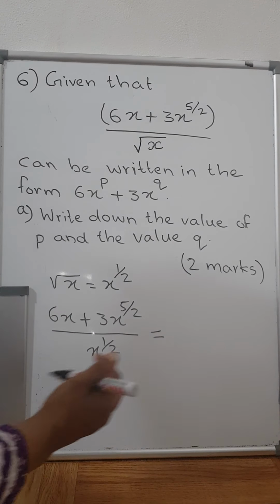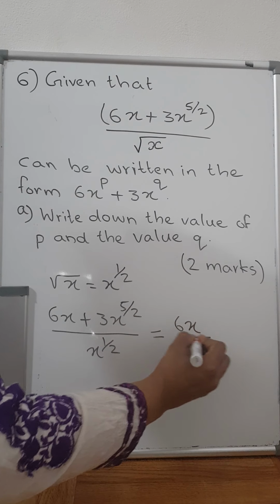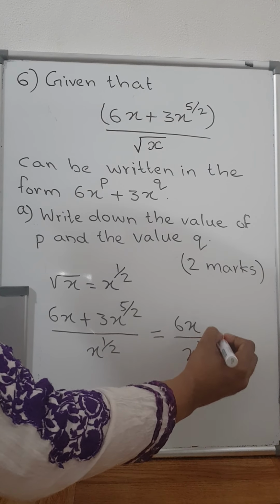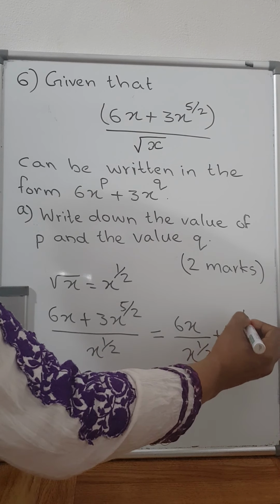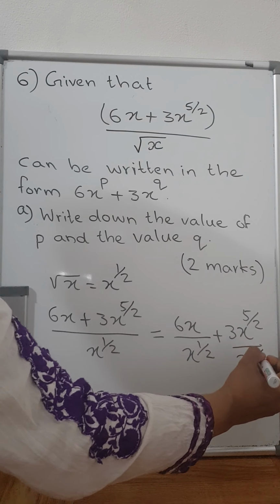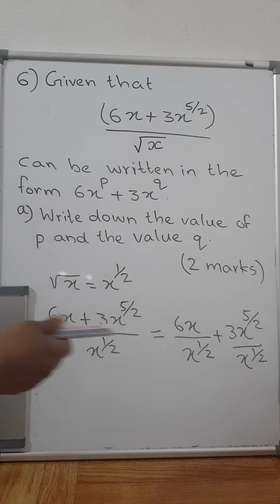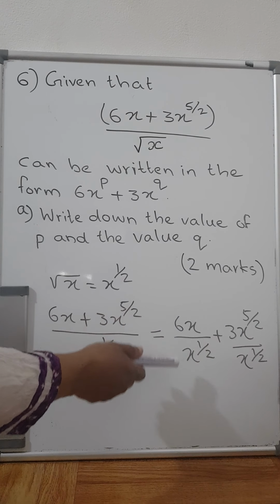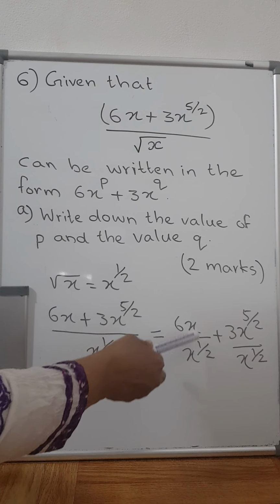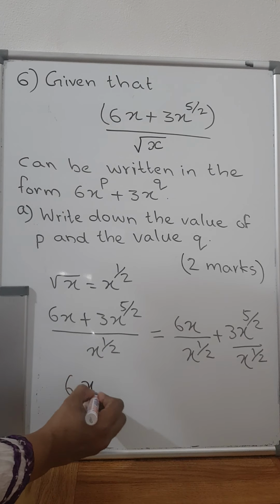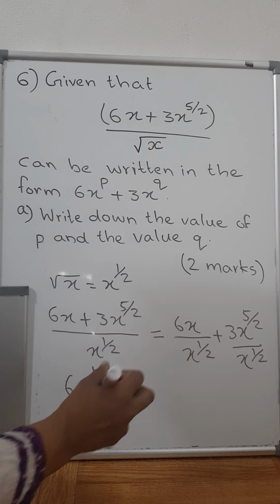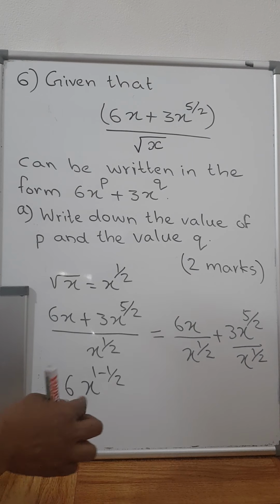We can split it. So we can write it as 6x divided by x to the power half plus 3x to the power 5 by 2 divided by x to the power half. We can use the division law in indices here. So this becomes 6x to the power 1 minus half. 1 minus half is a half.